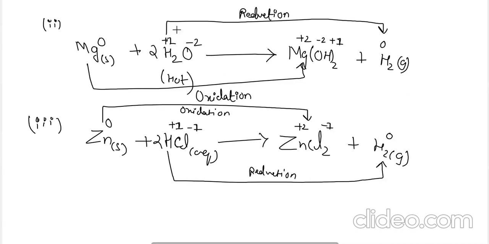The next type of redox reaction which we are going to discuss is the disproportionation reaction.